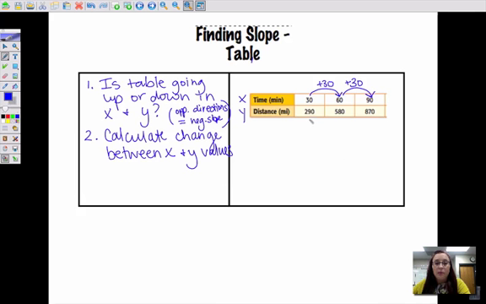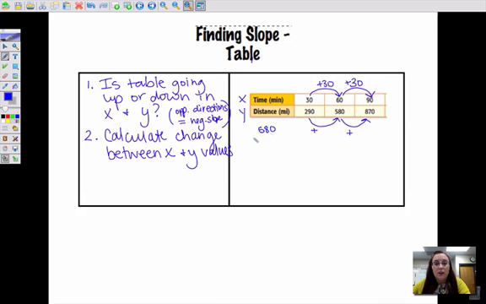And then in my y row, from one number to the next, I can't immediately calculate what 290 to 580 is. A trick to know how far the distance is from 290 up to 580, I do know it's adding because the numbers are getting bigger. The trick to figuring that out is to use subtraction.